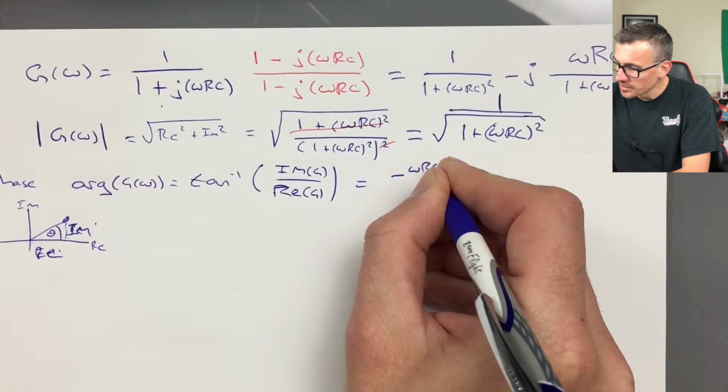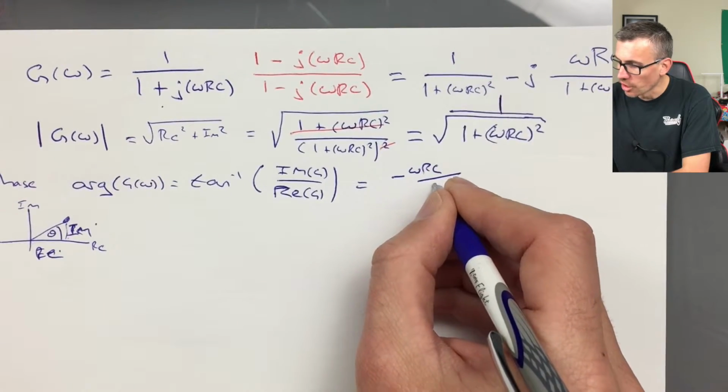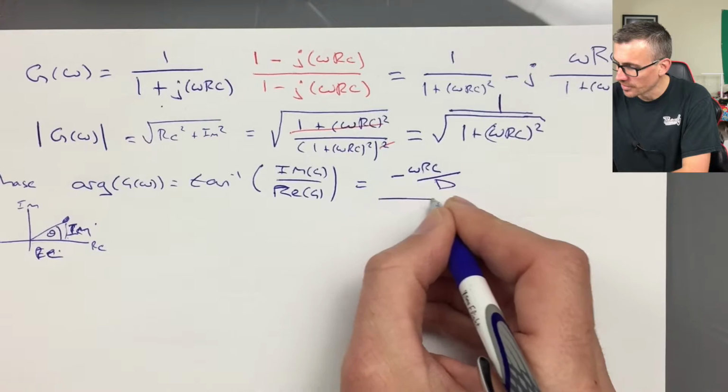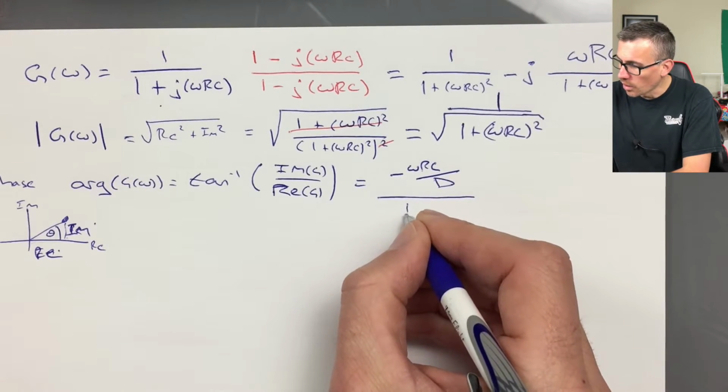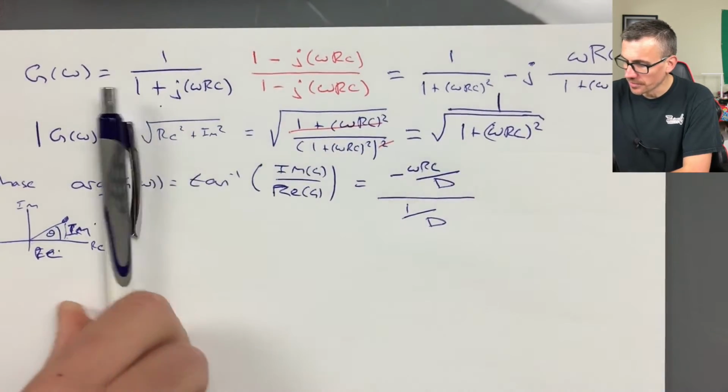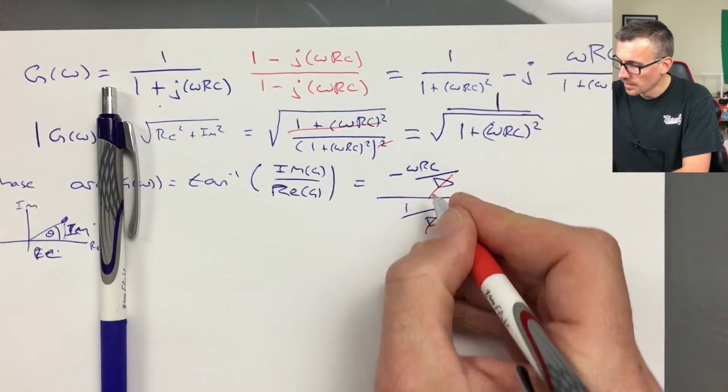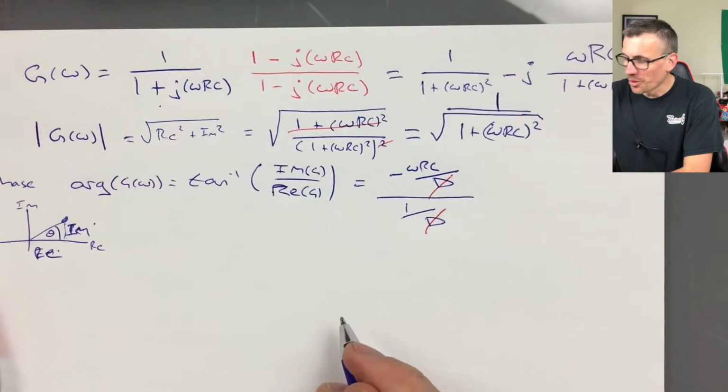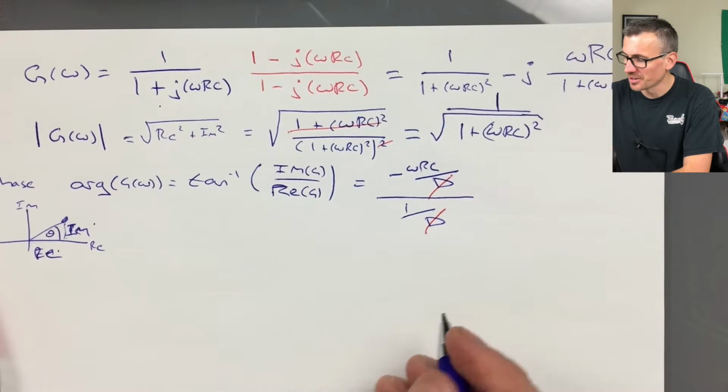So in this case, we're going to have what? Negative omega RC over the denominator. I'll just call that D, because we're going to get rid of it in 2 seconds. Over 1 over the same denominator. And that's why I didn't go through all the work of writing that 1 plus omega RC all squared.